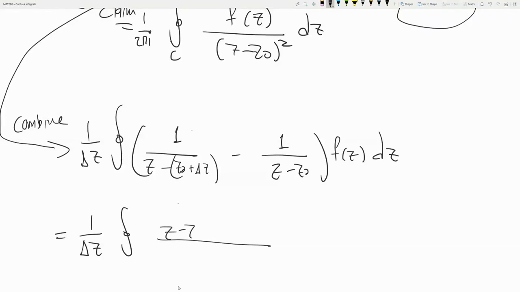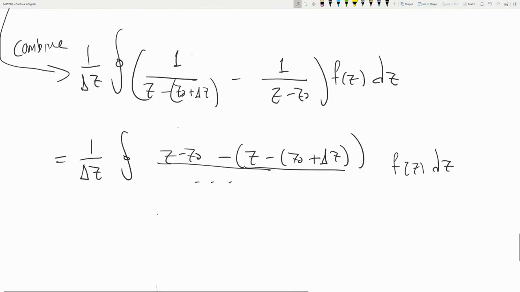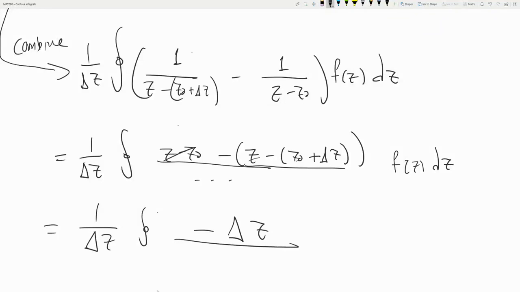So we have z minus z naught minus z minus plus delta z, same and f of z. Almost there. So these two cancel out, and you just get minus delta z.